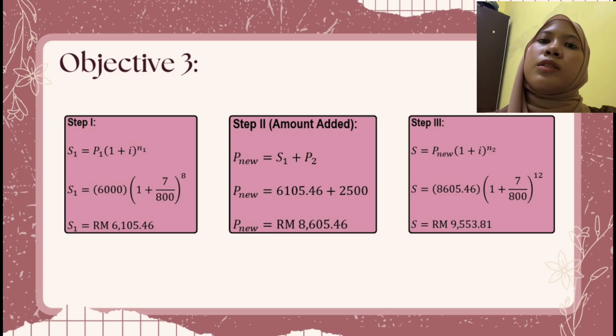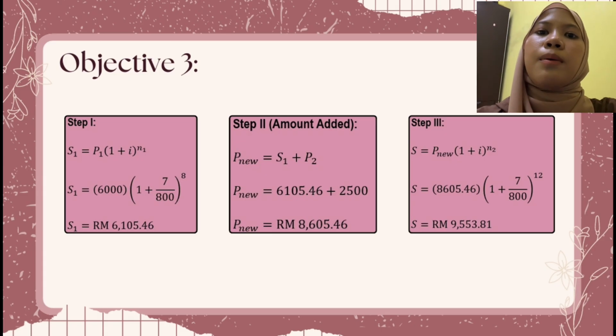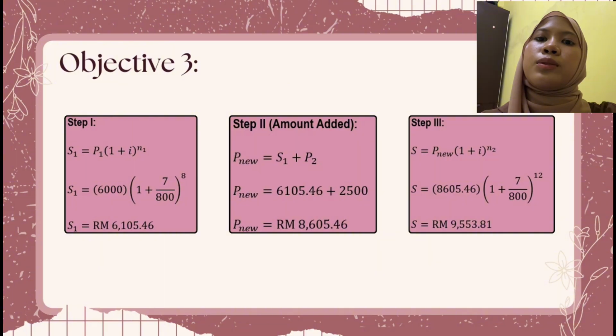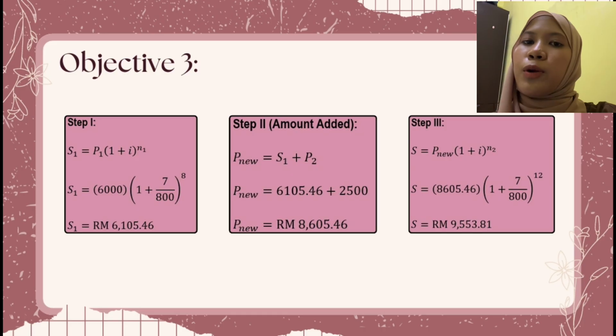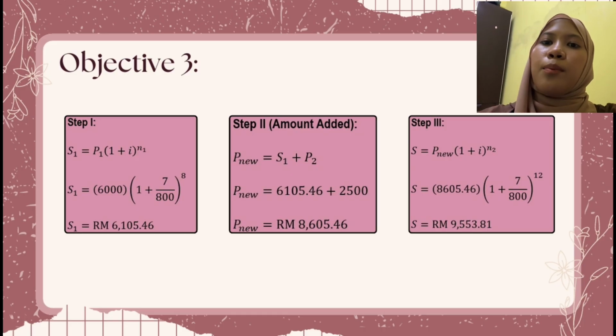For objective 3, the formula used is S equals P multiplied by 1 plus I raised to the power of N, which is the compound interest formula. In step 1, the formula S1 equals P1 multiplied by 1 plus I raised to the power of N1 was used to calculate the first accumulated amount.